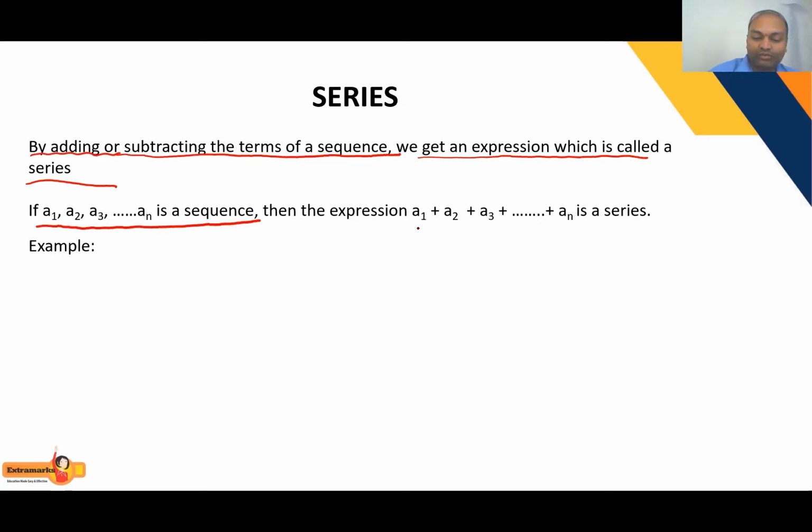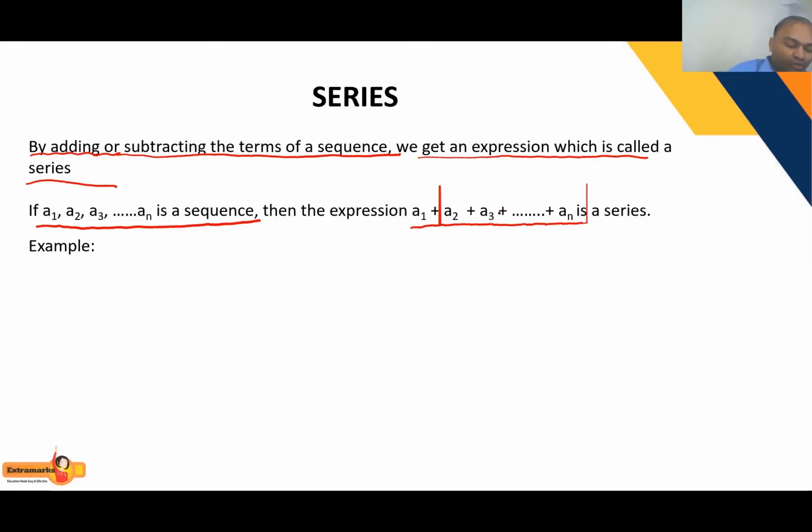Then the expression A1 plus A2 plus A3 plus so on, plus AN. See here, I wrote the plus symbol. So what I told, by adding or subtracting the terms of a sequence, we get an expression which is called a series. Right. Now this is called a series.